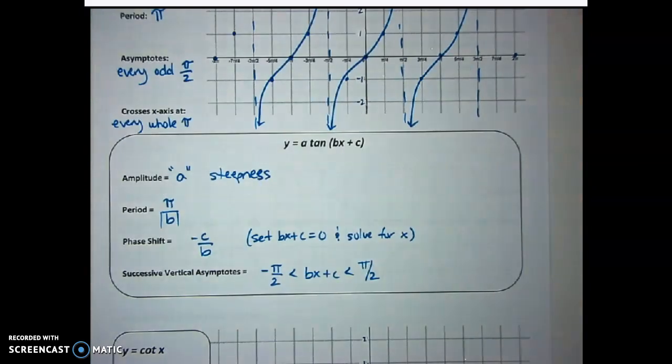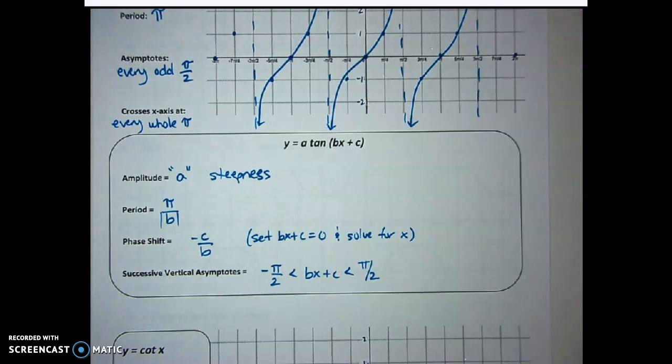Now putting all that together, the A is still the amplitude, just like it was with the sine and cosine graphs. It's the steepness. The period, instead of being every 2 pi like the sine and cosine graphs, is every pi for the tangent graph. So to find the period of a transformed graph, you would take pi over b. The phase shift is still your negative c over b.